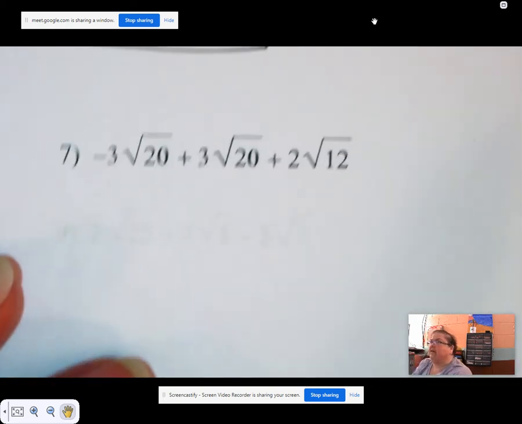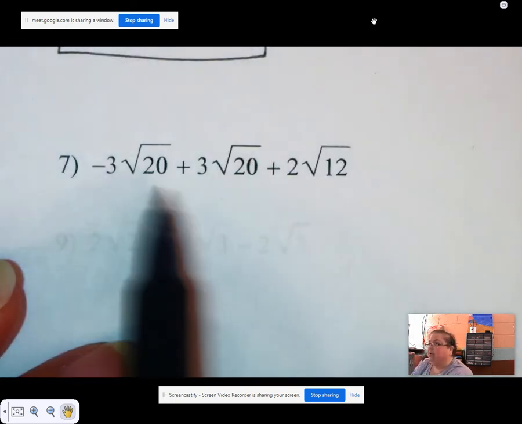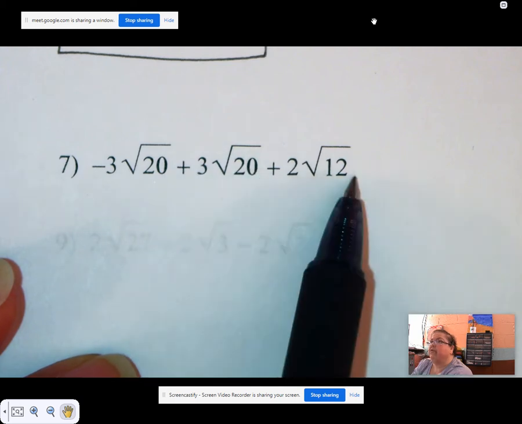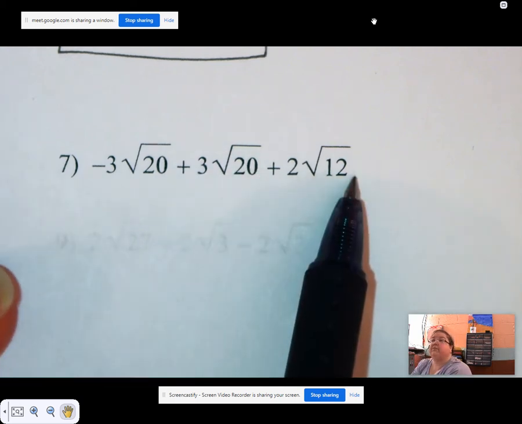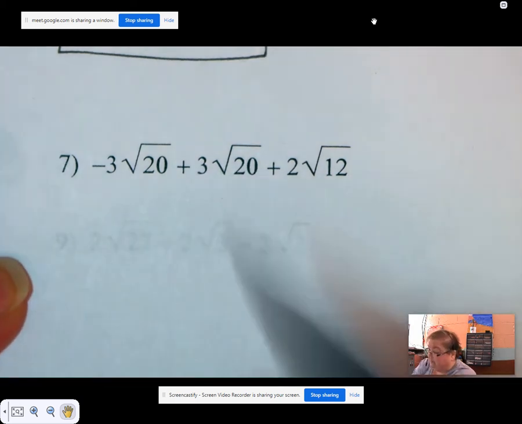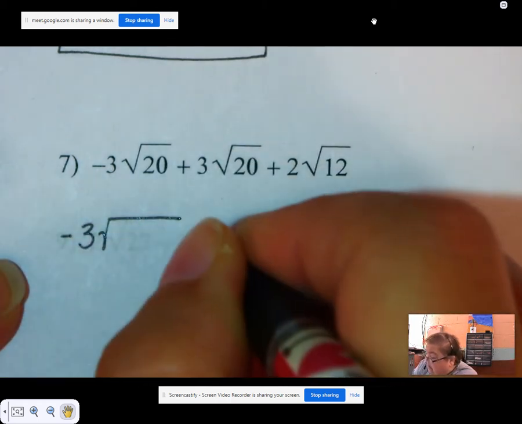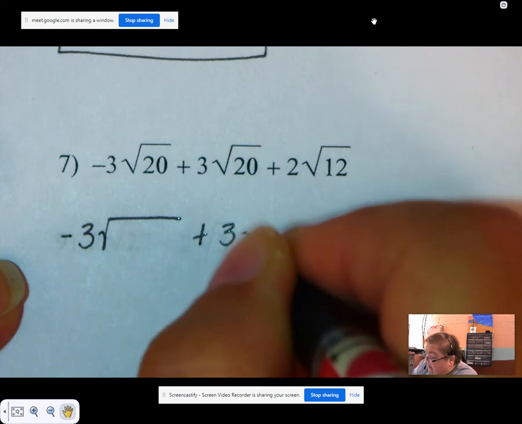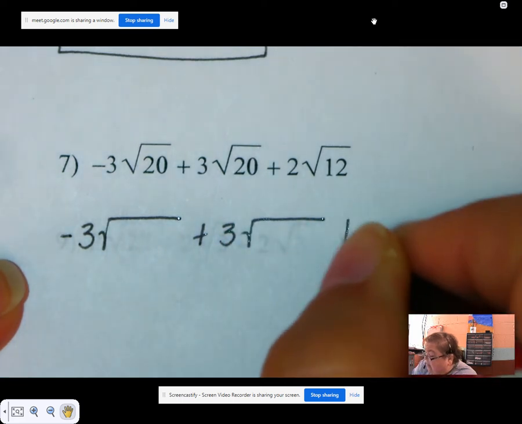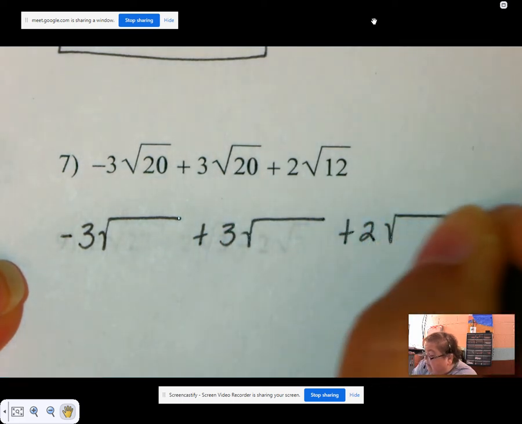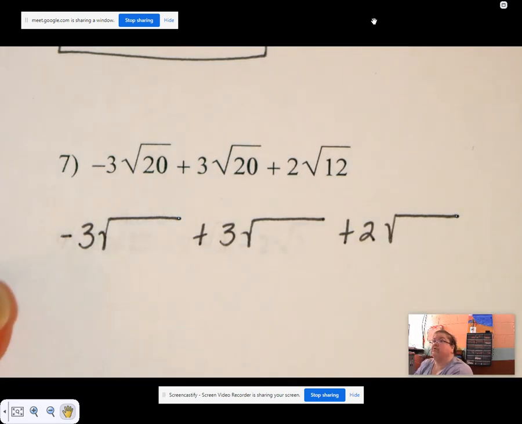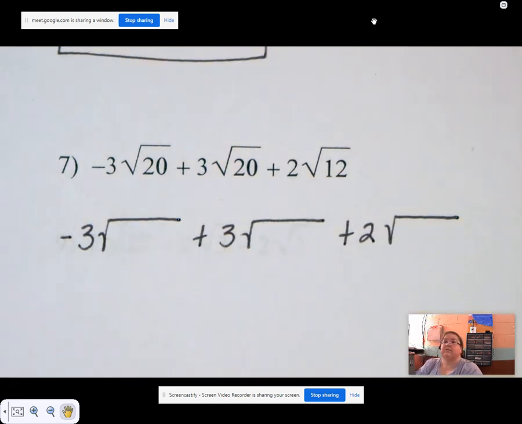Let's try number 7. You should find perfects in all 3 of these radicals. So you're going to need to simplify all 3 of them. So make sure you find those perfects for 20 and 12.